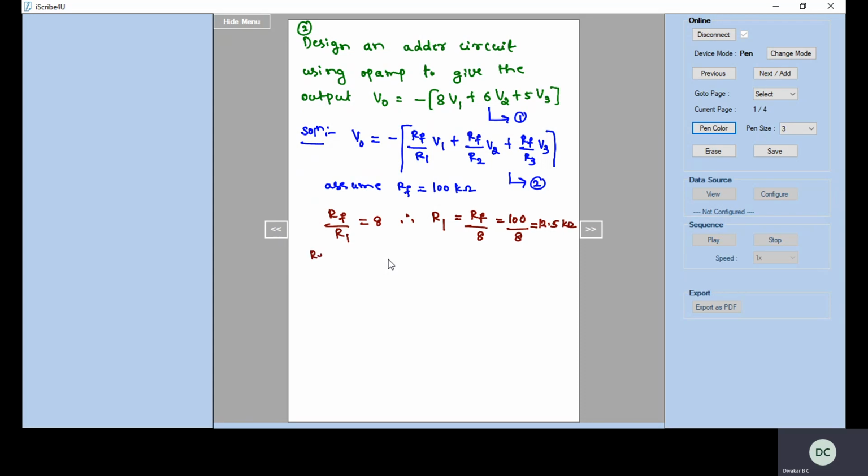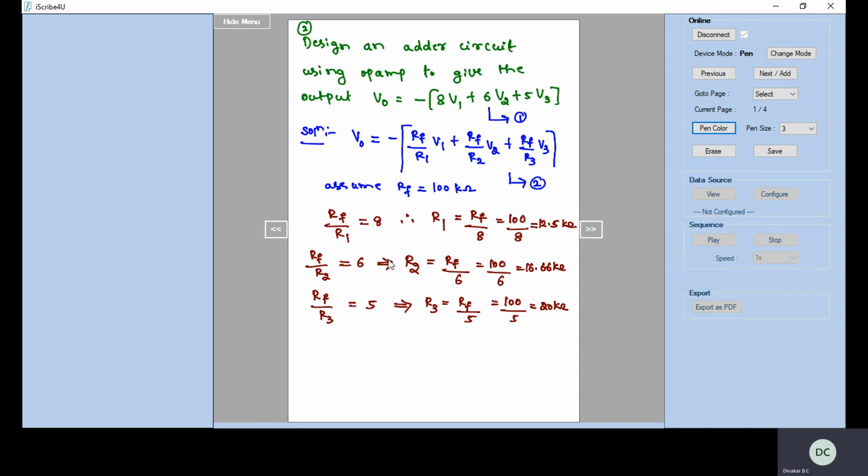Similarly, Rf by R2 is equal to 6, which implies that R2 is equal to Rf by 6, that is 100 by 6, 16.66 kilo ohms, and Rf by R3 is equal to 5, which implies that R3 is equal to Rf by 5, that is 100 by 5, which is equal to 20 kilo ohms.